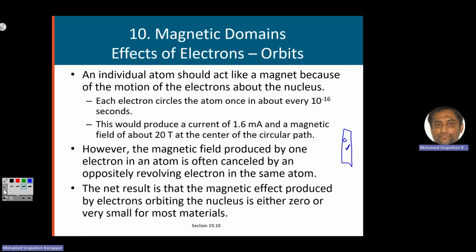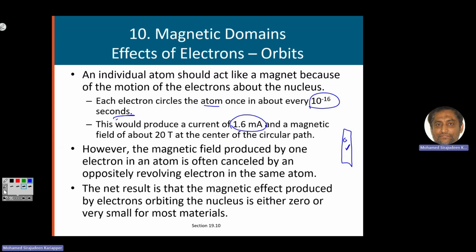So why? If you just calculate this electron motion about the nucleus, just take one electron, it goes around the atom very fast. In 10 to the minus 16 second, it will make one round. So if you just do a classical calculation, it will correspond to 1.6 milliamperes of current.